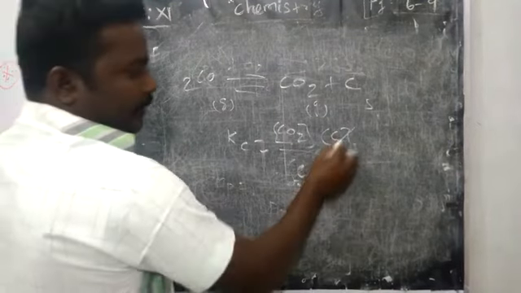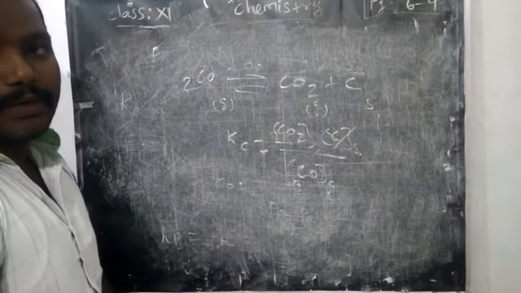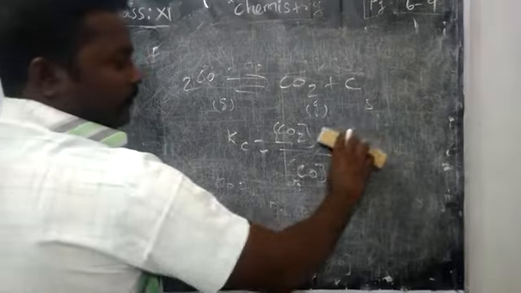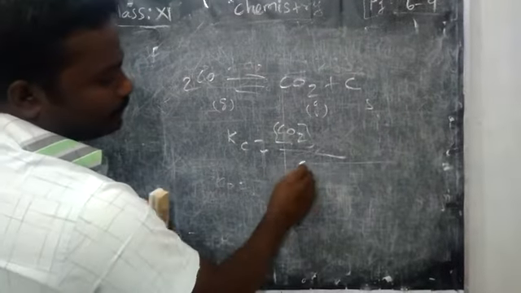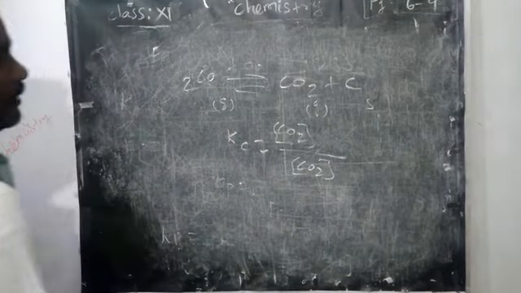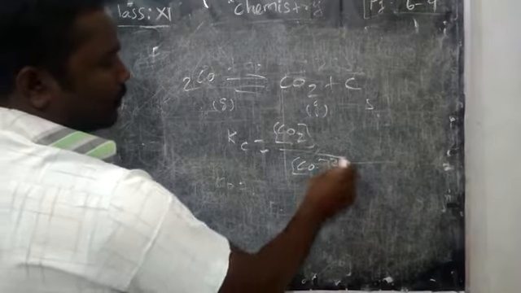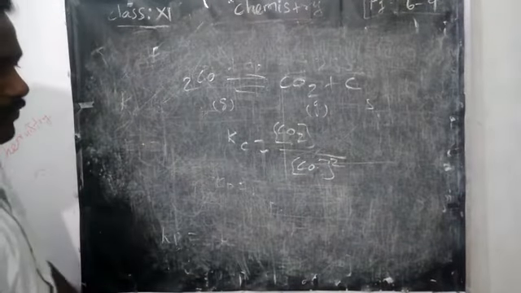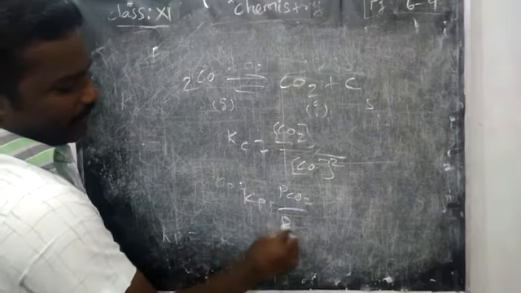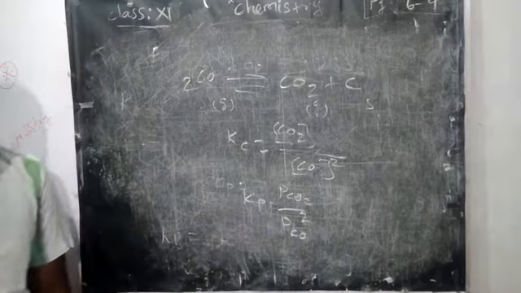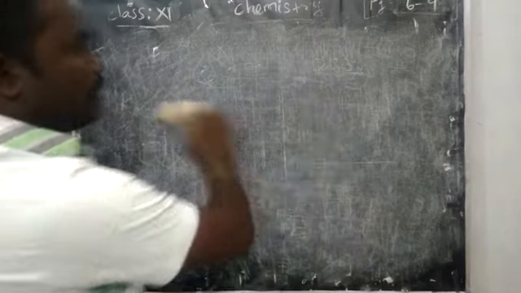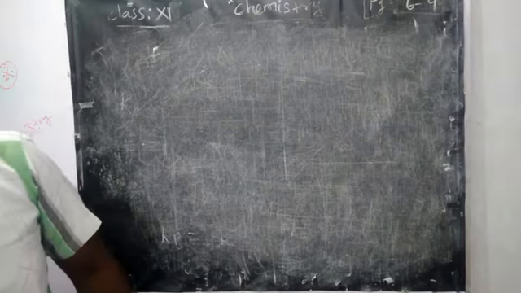The pure solid you can leave out. Sir, gas also I will leave it? No, only for a heterogeneous reaction, solid and liquid are exceptional. Right. Sorry, CO power 2, because the reactant says 2CO. For this Kp, how will you write? P of CO2 divided by P of CO power 2. Right. The same way, another reaction you can do yourself, because you have to do at least one equation.